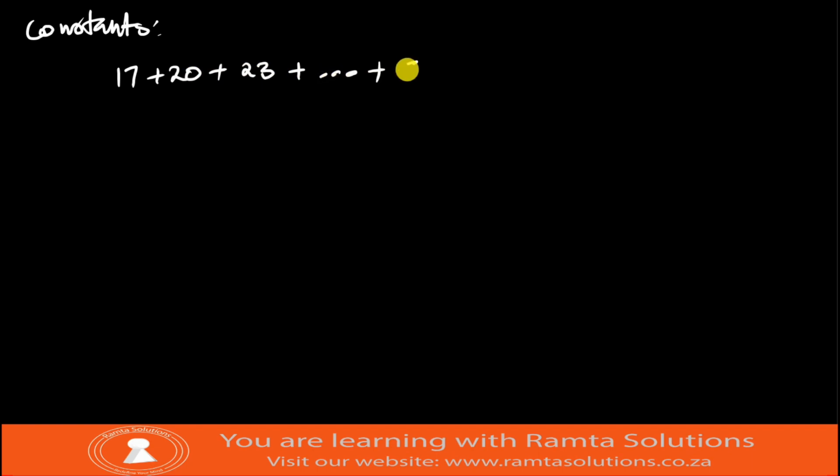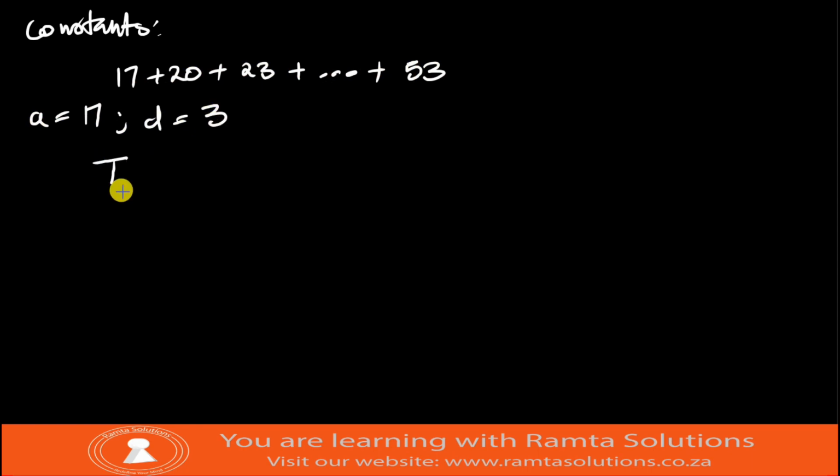So for the constants first, we have 17 plus 20 plus 23 plus and so on until 53. So what is this? Obviously, our A is 17, and it looks like our common difference is 3.